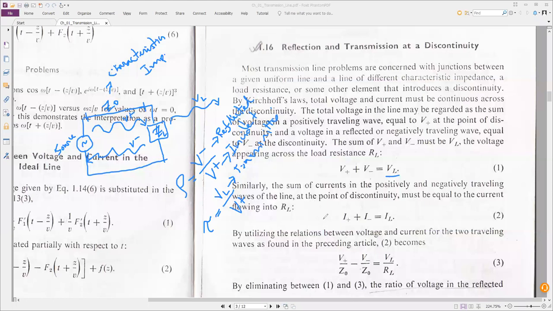Similarly, IL is equal to I plus plus I minus.